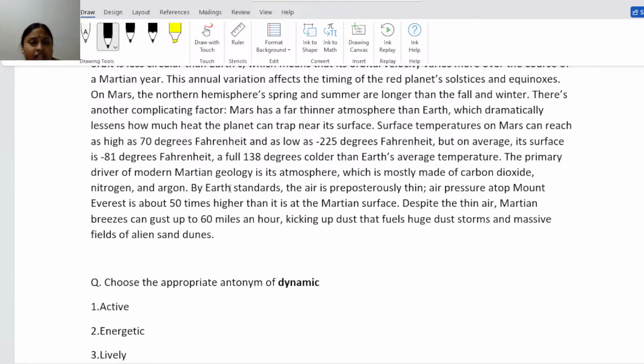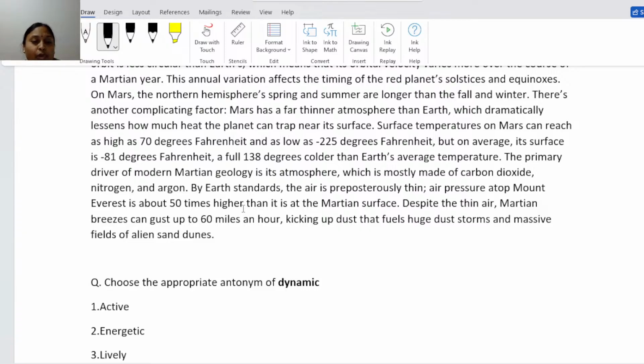The primary driver of modern Martian geology is its atmosphere, which is mostly made up of carbon dioxide, nitrogen, and argon. By Earth standards, the air is preposterously thin. Air pressure at Mount Everest is about 50 times higher than it is at the Martian surface. Despite the thin air, Martian breezes can gust up to 60 miles an hour, kicking up dust that fuels huge dust storms and massive fields of alien sand dunes.